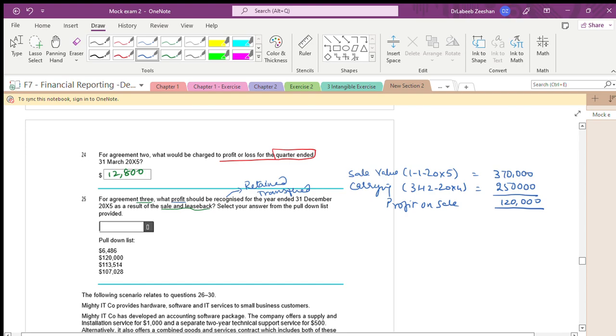This 120,000 you have to divide. How do you have to divide? Any idea?